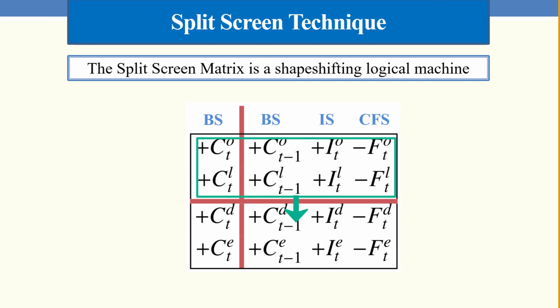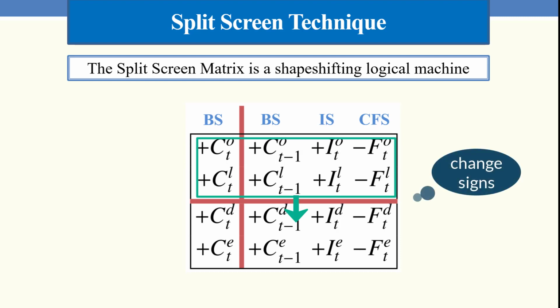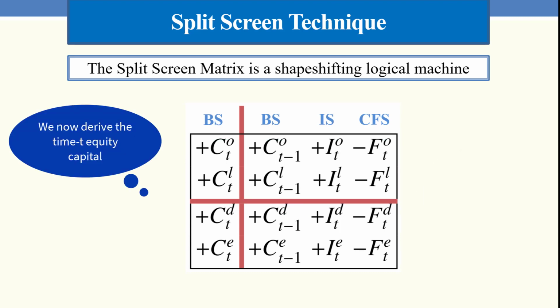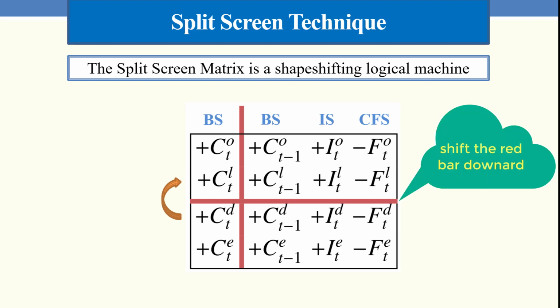A row in the upper region may be shifted down to the lower region, as long as we change the signs of its elements, just as we do when we deal with equalities or equations. So let's shift the third row, the debt row, up to the upper region by changing the signs of its elements.